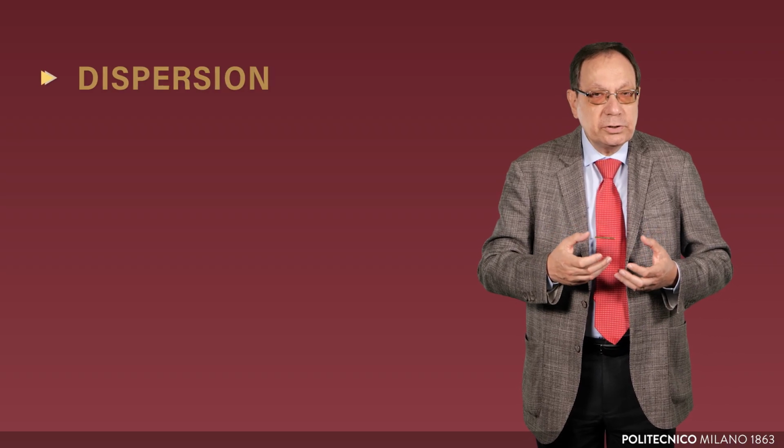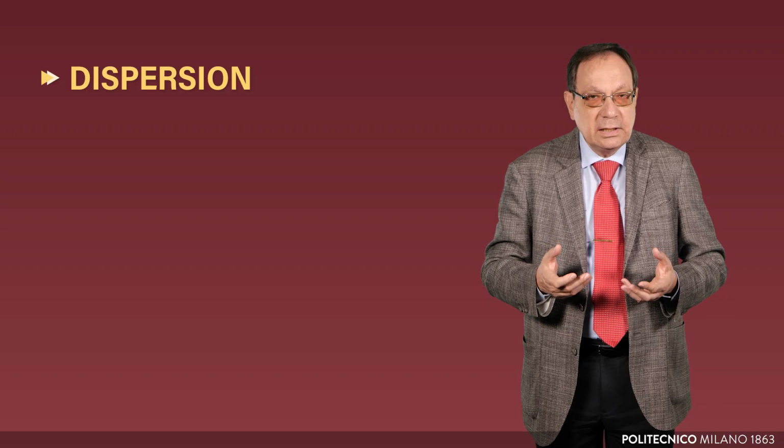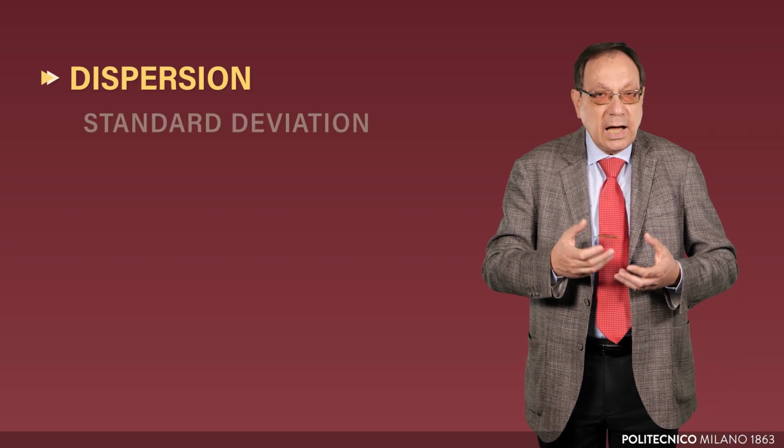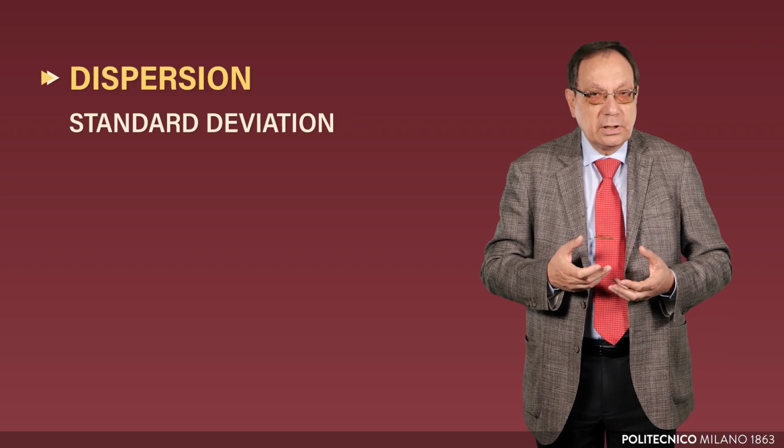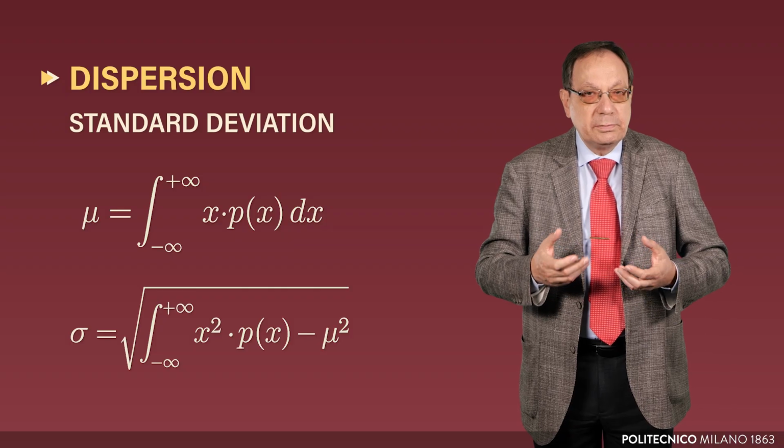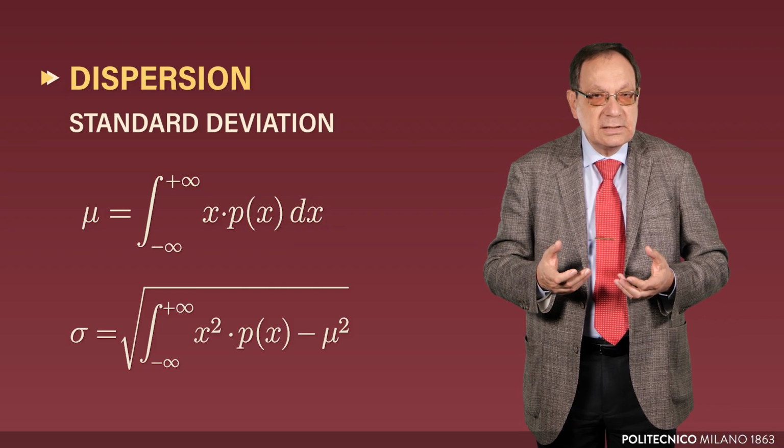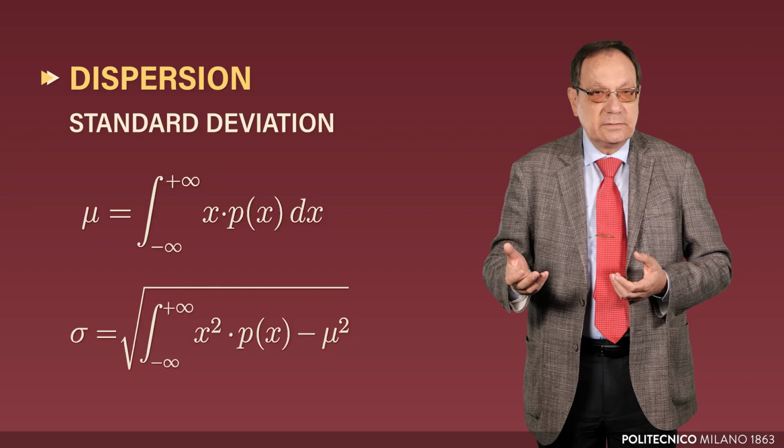The second extremely useful piece of information also comes from probability and tells us that the estimate of the dispersion of the values about the mean is given by the standard deviation of the distribution, which for a continuous probability density function p of x is given by this other formula.